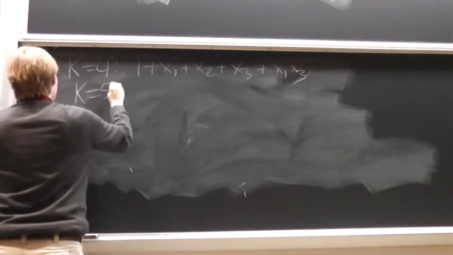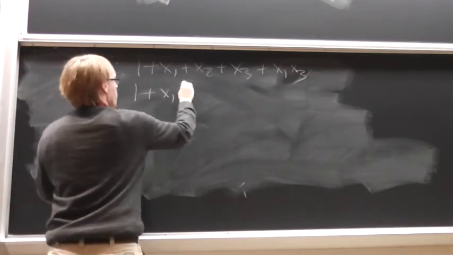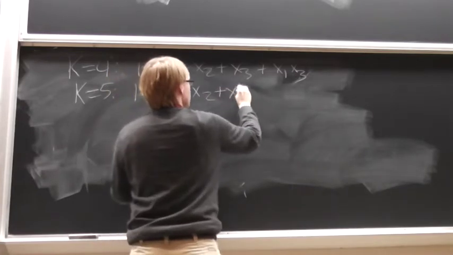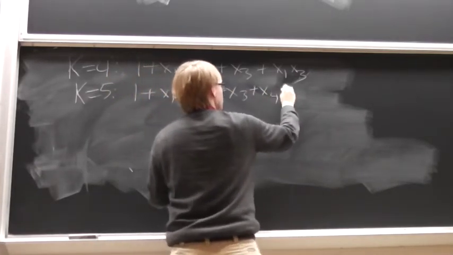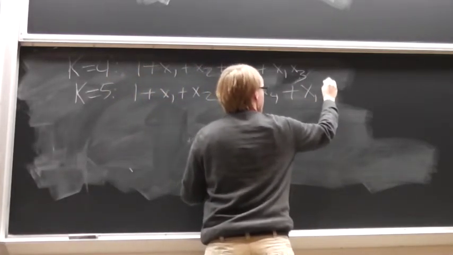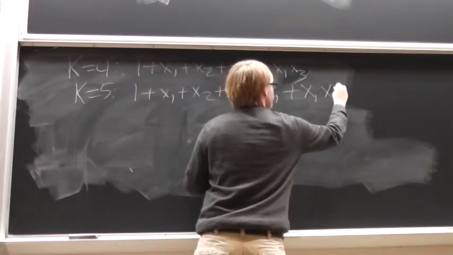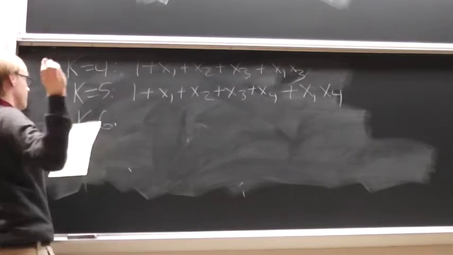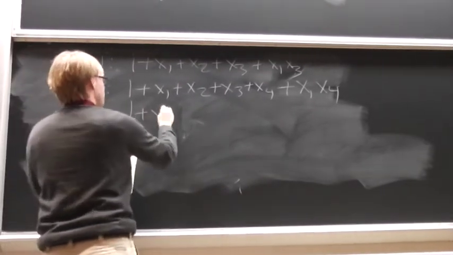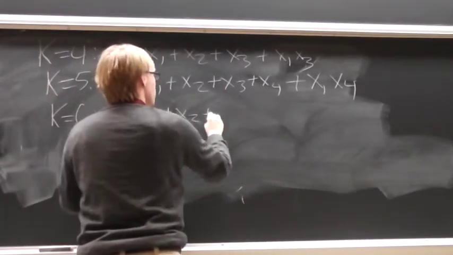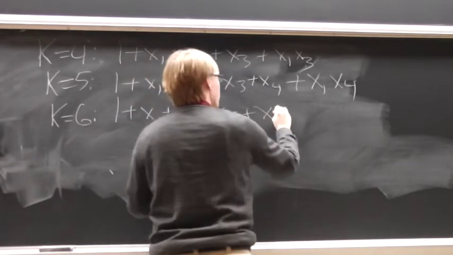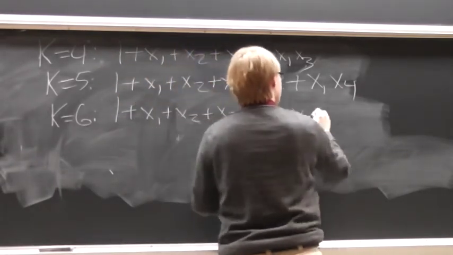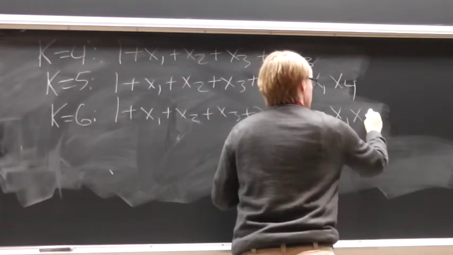K equals 5, 1 plus x1 plus x2 plus x3 plus x4. This is another one, so this one is on the k equals 5 case. And then in the k equals 6 case, I don't have that printout here, but one of them is 1 plus x1 plus x2 plus x3 plus x4 plus x5 plus x1, x5.